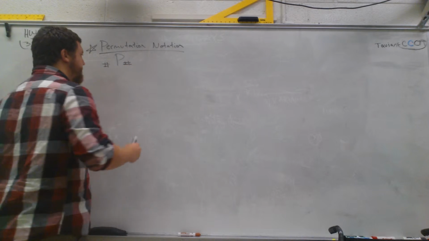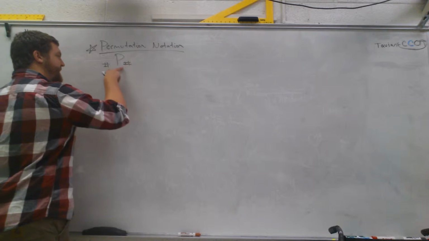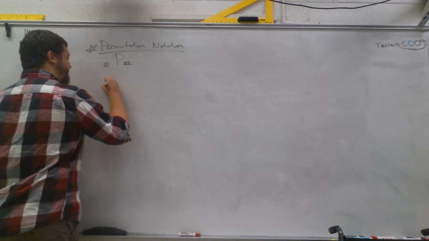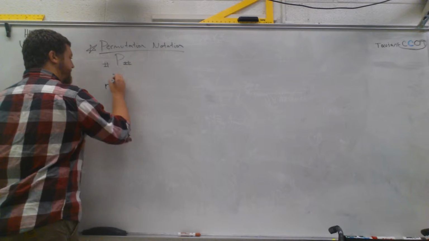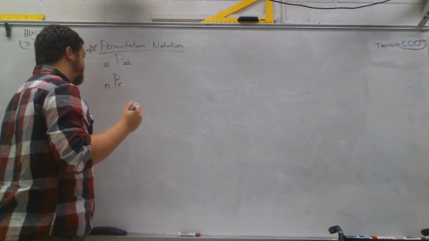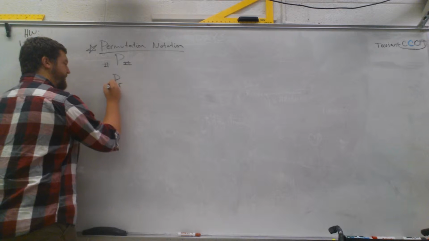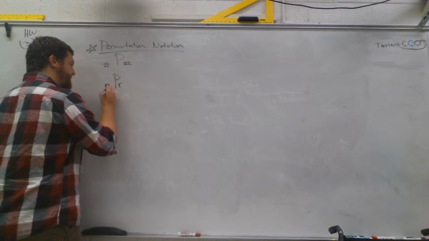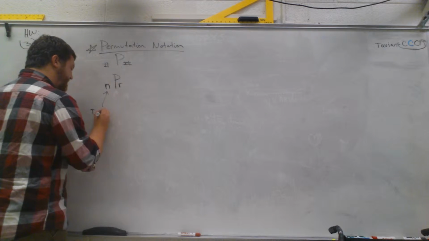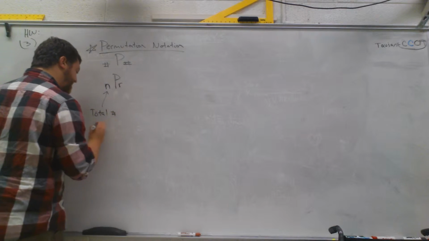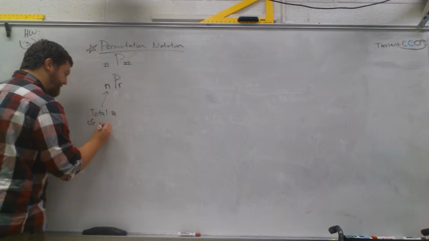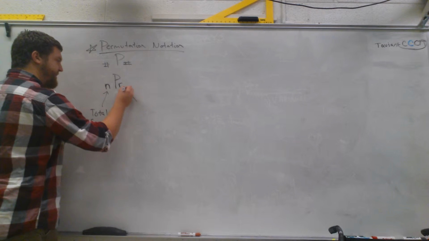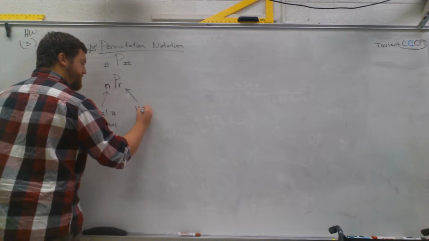I'm going to label these letters: nPr, not National Public Radio. N represents the total number of options, and R represents how many we choose.